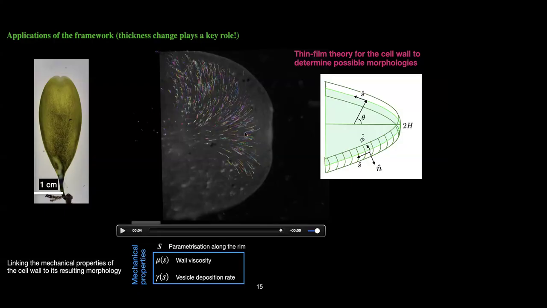When the vesicles join the cell wall at the tip, they're fresh and new, so they have a lower viscosity.